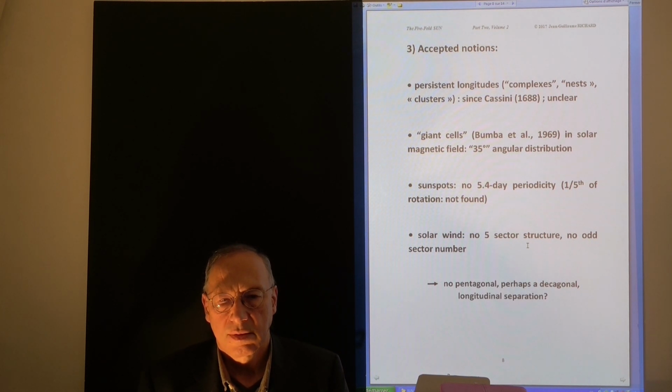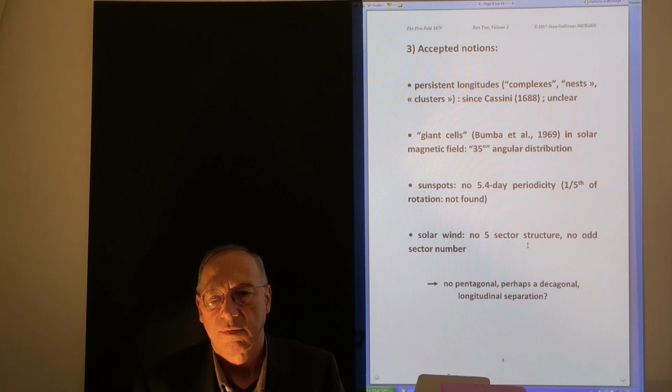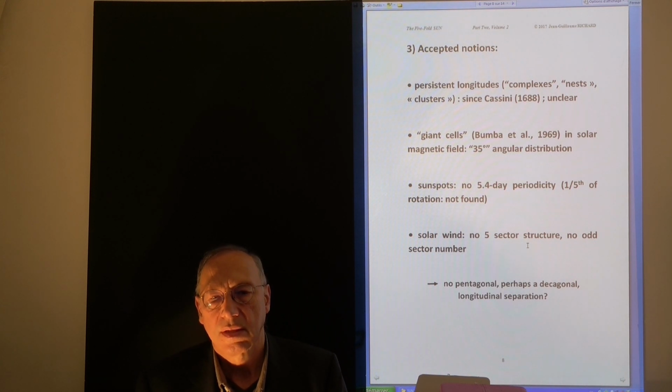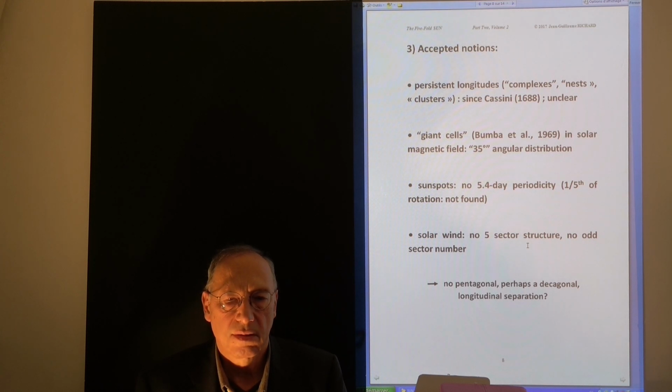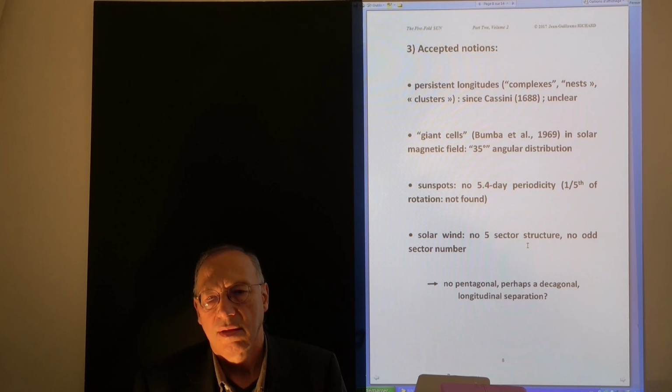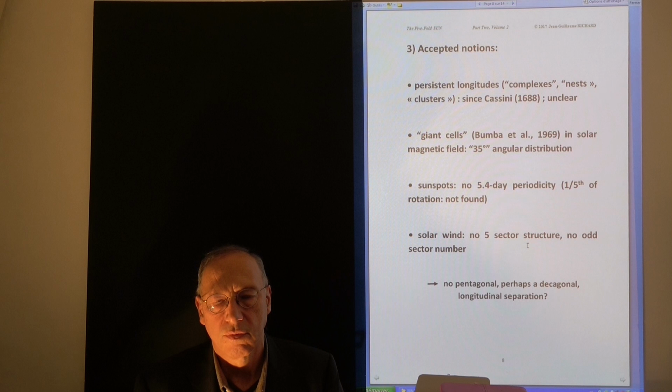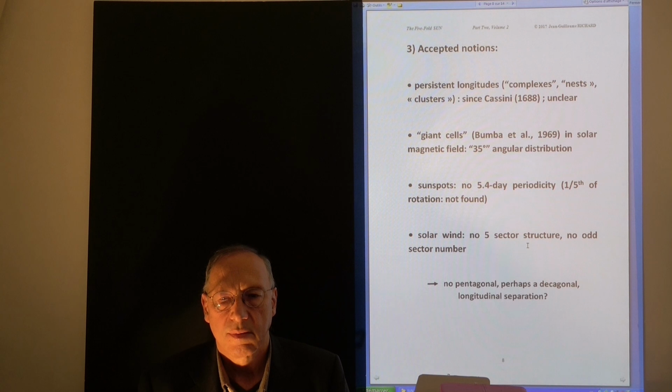As for sunspots, there is no periodicity of 5.4 days, which is 1/5 of the solar rotation, which is stated in the literature. In the solar wind also there is no 5-sector structure whatsoever, and no odd sector number in fact is expected at all, because we have to have 2 magnetic polarities or a multiple of 2, i.e. 4 sectors, 6 sectors, possibly.